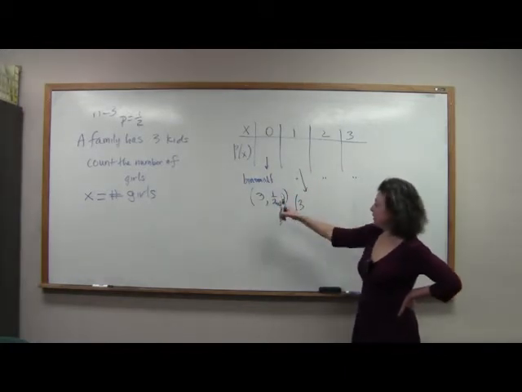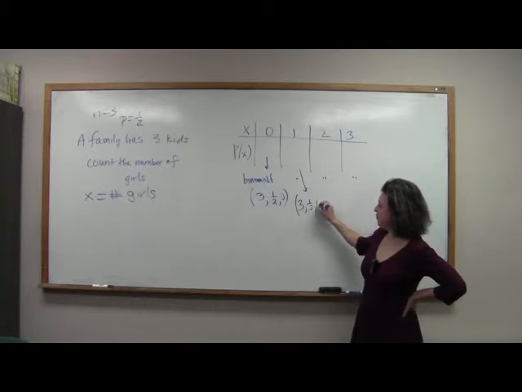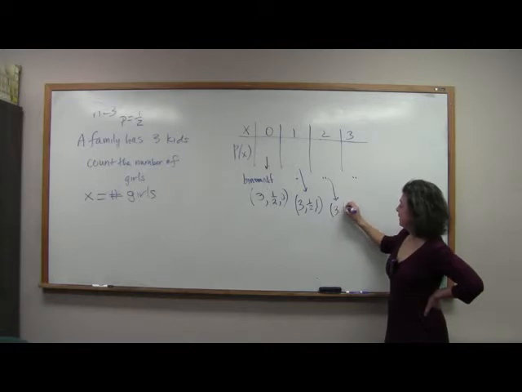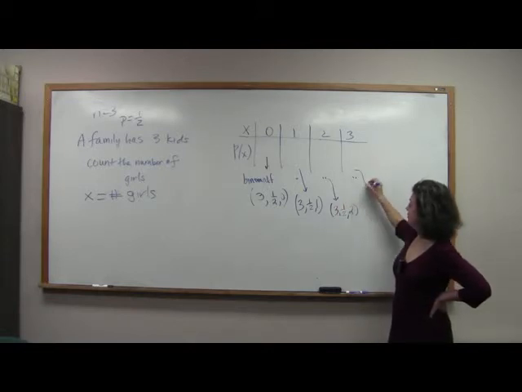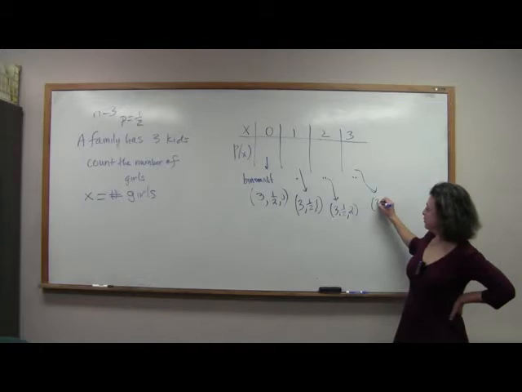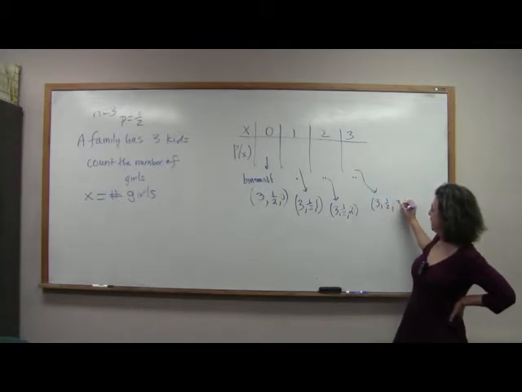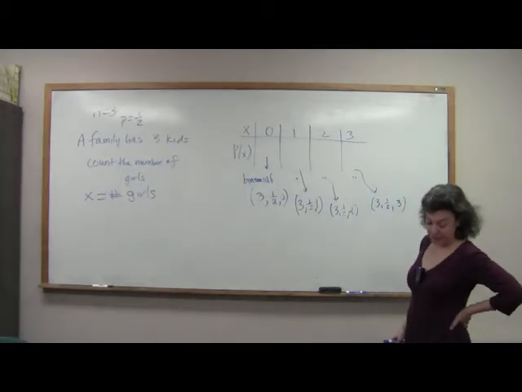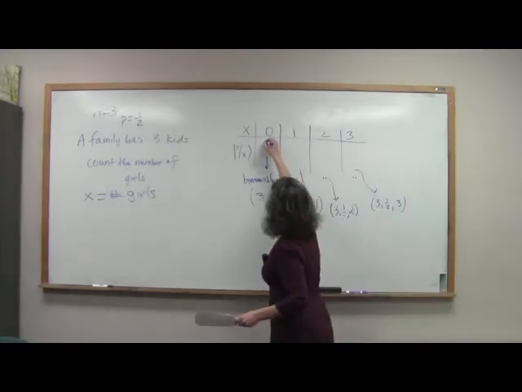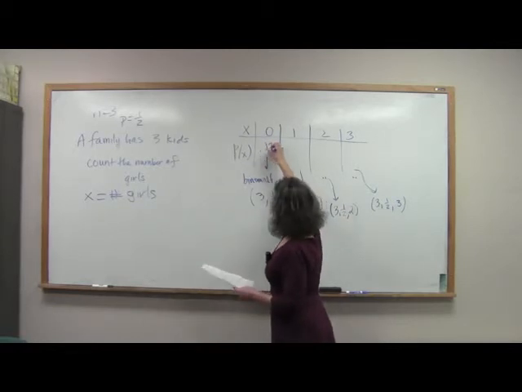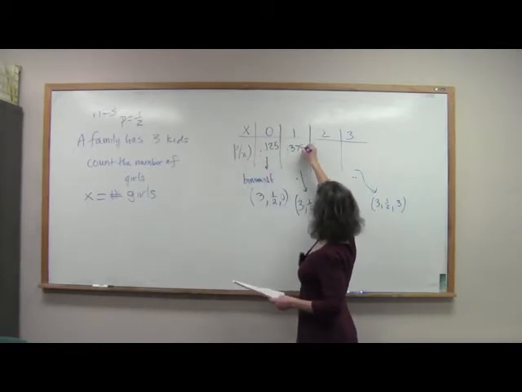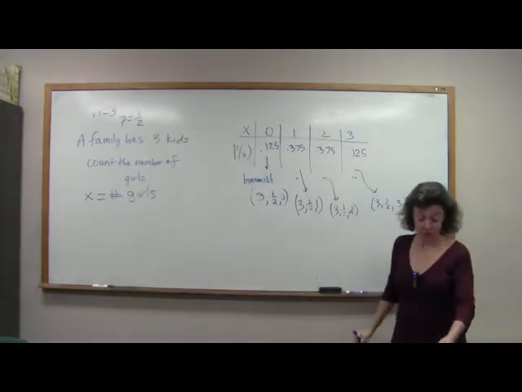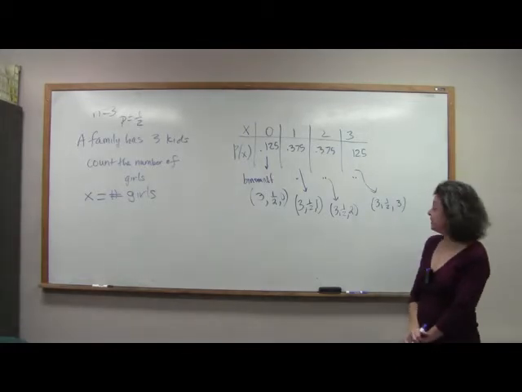Then it's binomial PDF again, 3, 1/2, but now our X value is 1. Here, our X value is 2. And last but not least, binomial PDF, 3, 1/2, and then 3. If you do these computations, you're going to get 0.125, 0.375, 0.375, and 0.125. Make sure that you do get those values.